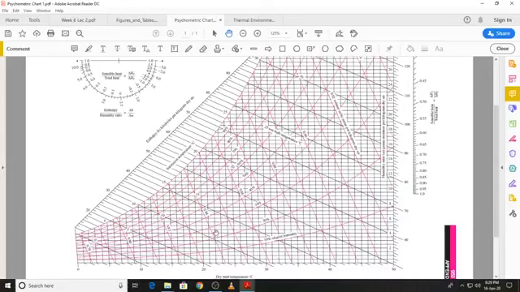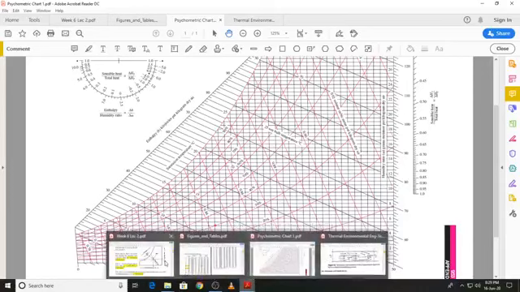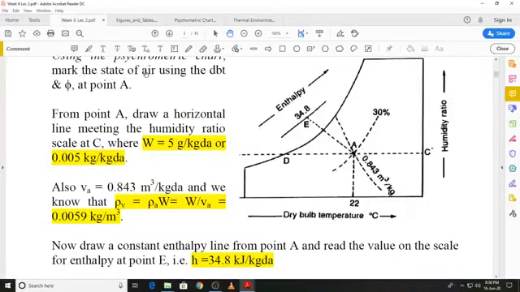You go up, and where it intersects the 30% relative humidity line, that is the state of the air over here. So that we have done, and that was the first step. The state of the air is shown on the psychrometric chart.